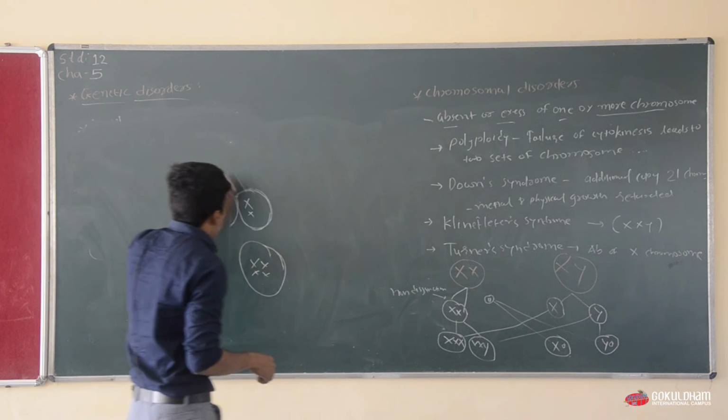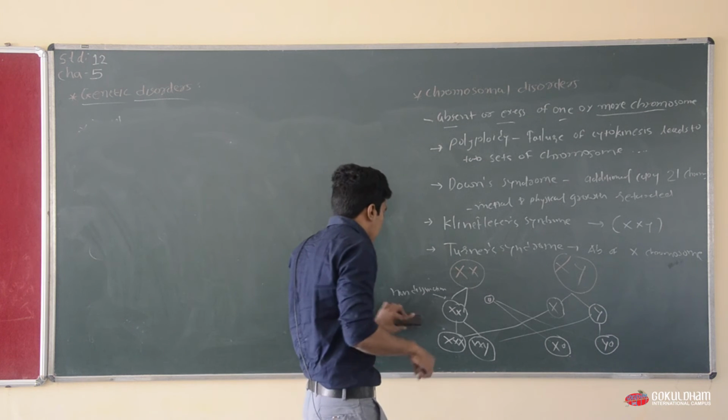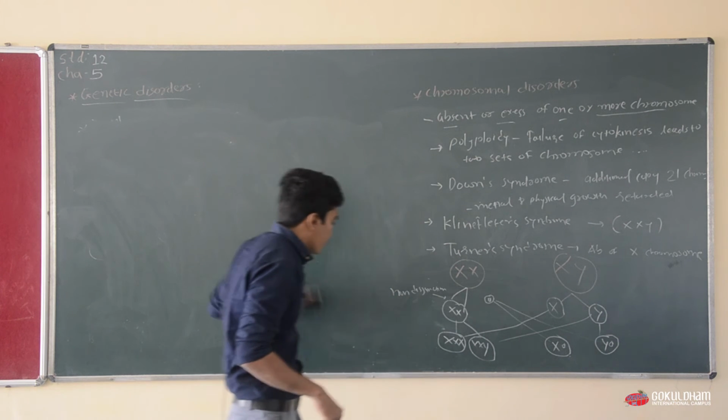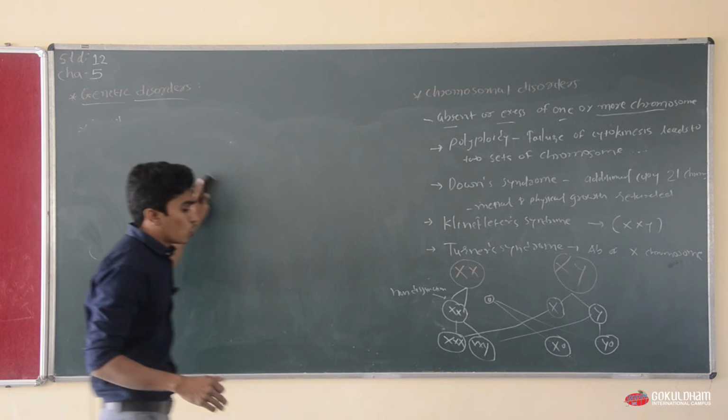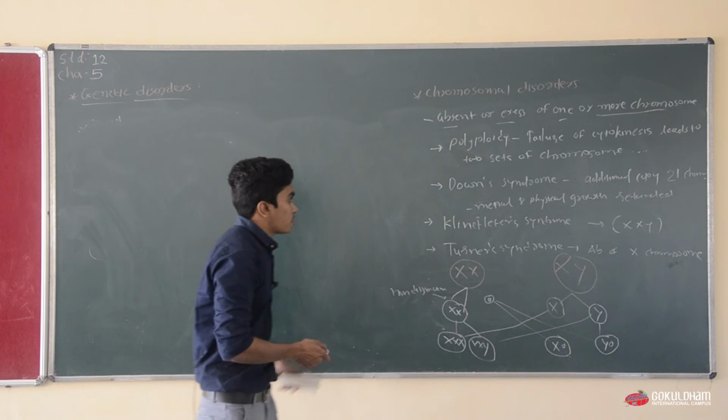So what is polyploidy? Polyploidy means a failure of cytokinesis leads to two sets of chromosomes in a particular individual, known as polyploidy.